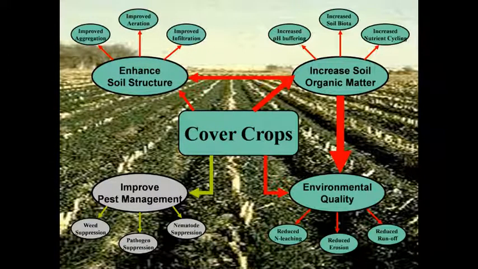Look at this picture. It shows clearly the different advantages of cover crops, enhancing soil structure such as improved aggregation, improved aeration, improved infiltration, and then increased soil organic matter, increased pH buffering, increased soil biota, increased nutrient cycling, and for the environmental quality through reduced nitrogen leaching, reduced erosion, reduced runoff.